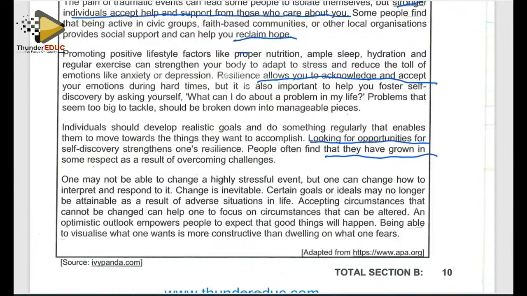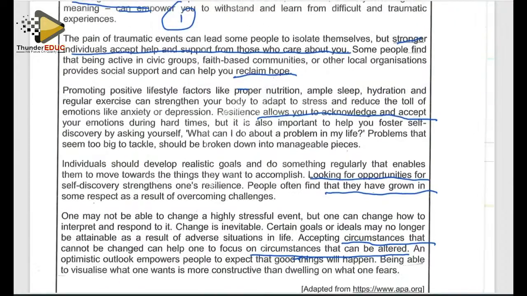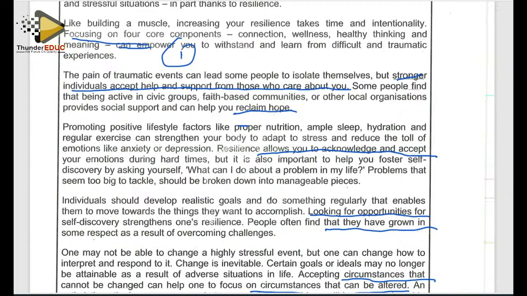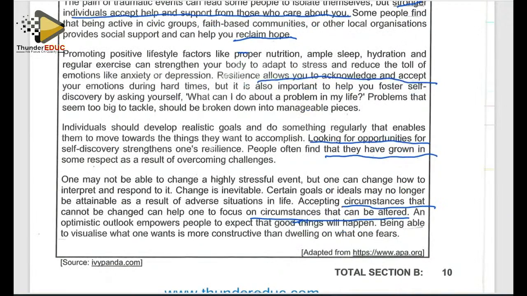Being able to visualize what one wants is more constructive than dwelling on what one fears. I believe we're taking this one. Being resilient is accepting circumstances that cannot be changed, which can help you focus on circumstances that can be altered. Those are our points that we're expecting. I believe we have 1, 2, 3, 4, 5, 6, 7 points. That's our summary, and therefore that's what we're taking.